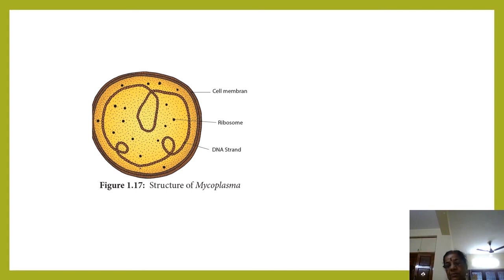I hope you are able to understand this. So this is the Five Kingdom classification of organisms proposed by Whittaker: Monera, Protista, Fungi, Plantae and Animalia.